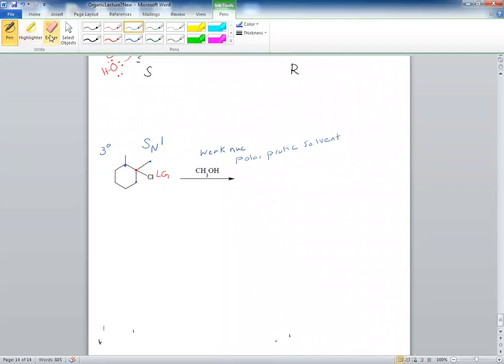So let's look at the mechanism then. The first step, the rate limiting step, is breaking this carbon halogen bond. So this leaves a positive charge behind, and of course the chlorine is floating around.